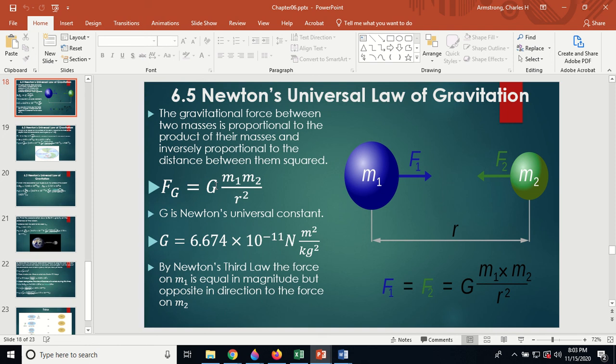Instead of Fg, we put little m, that little tiny mass, times g. That little tiny mass is like m1. M2 is like the mass of the Earth. So those two masses go away. We're left with little g by itself equals big G, the universal gravitational constant, times the mass of the Earth divided by the distance from the center of the Earth to the surface of the Earth.